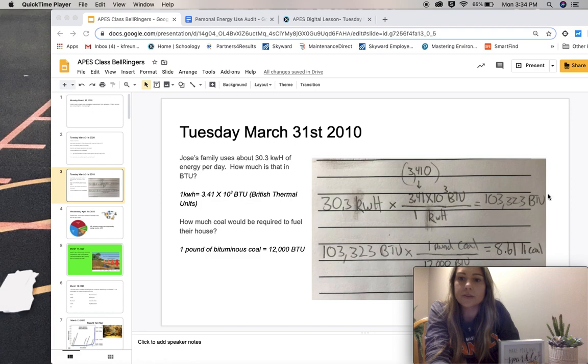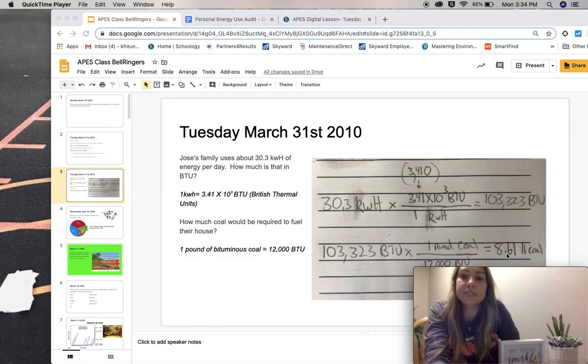I put that number in the front of my conversion factor, then times my line. For every 12,000 BTU, it's 1 pound of coal. I multiply across the top, divide by the bottom, and I get 8.61 pounds of coal would be needed to fuel their house.